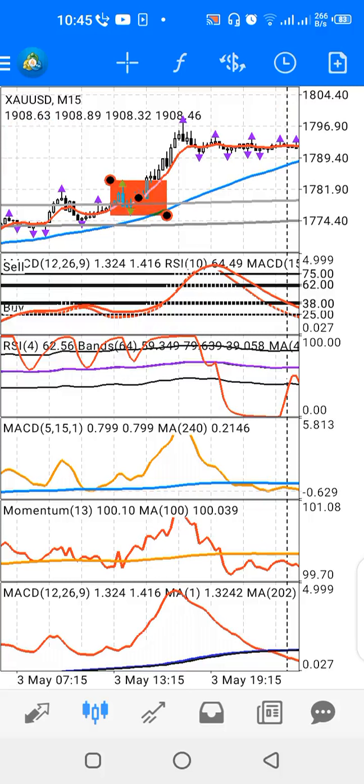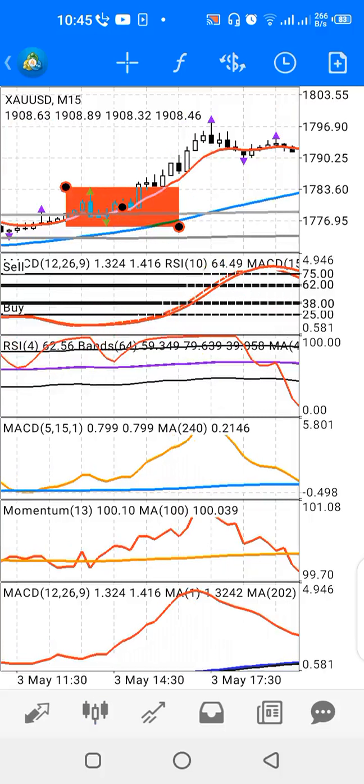So not just buy trades, you allow a bullish candle close above the red line.